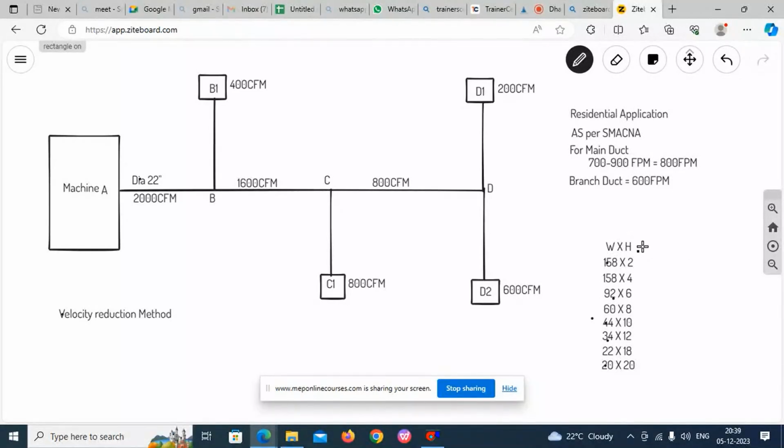Now, what is the aspect ratio? Aspect ratio equals width by height.